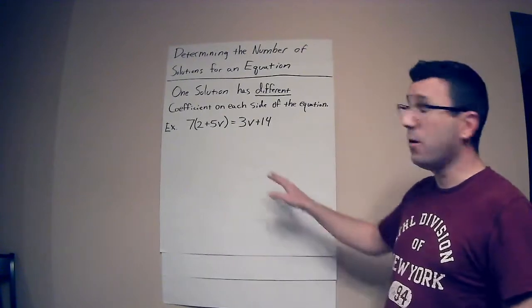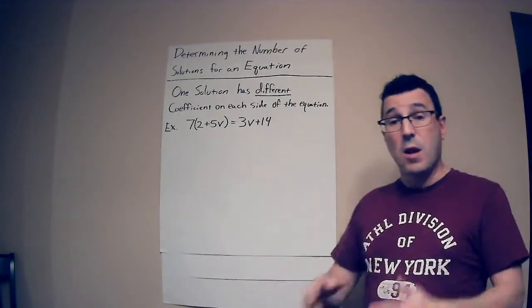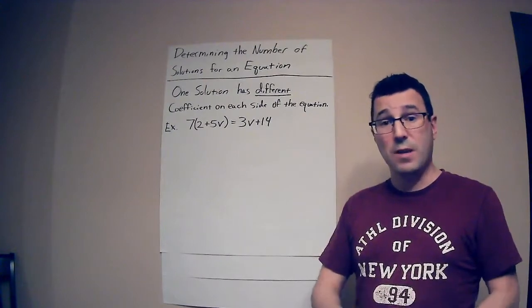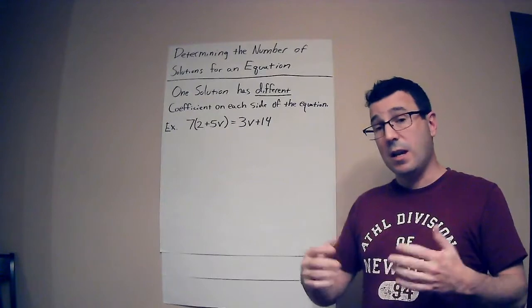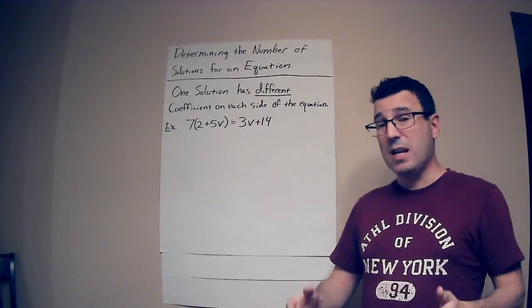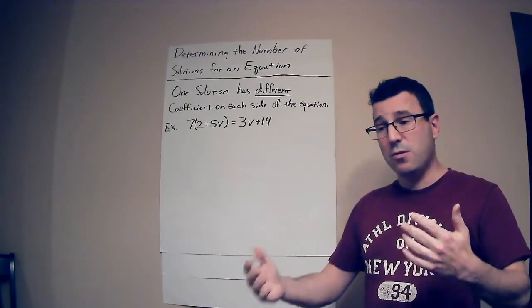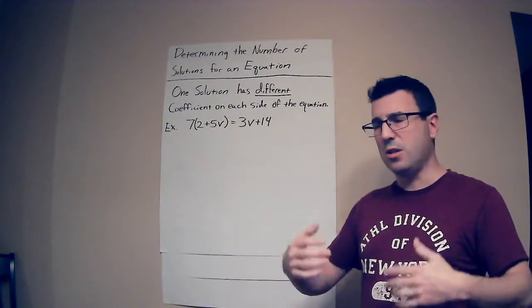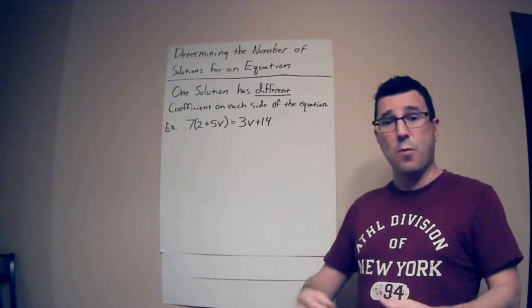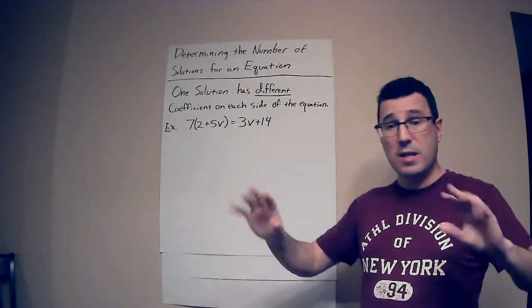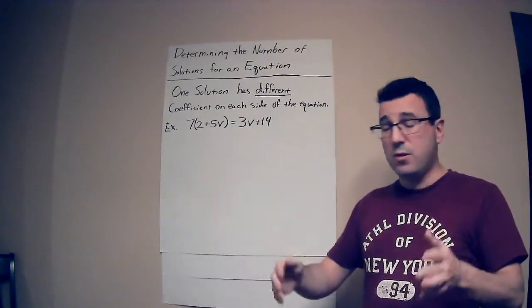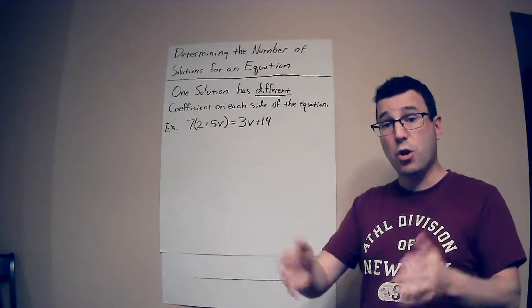So the first one here, one solution. With one solution, we have different coefficients on each side of the equation. If there's something going on such as the distributive property, or we have like terms on the same side, we need to simplify so that we only have two terms on either side.